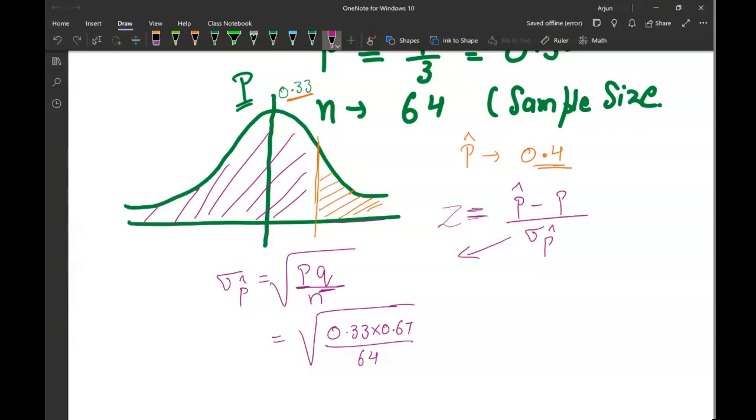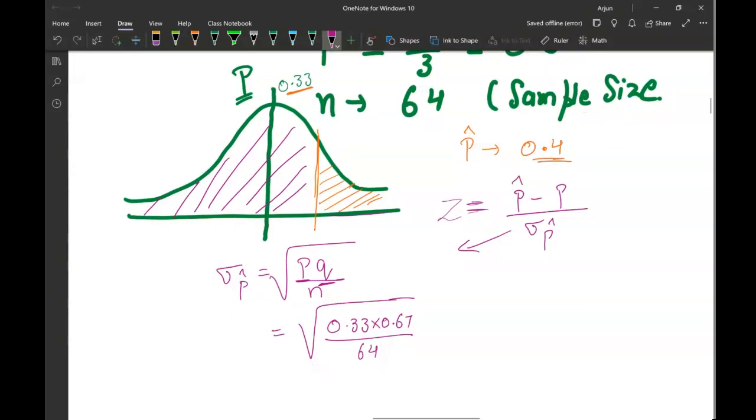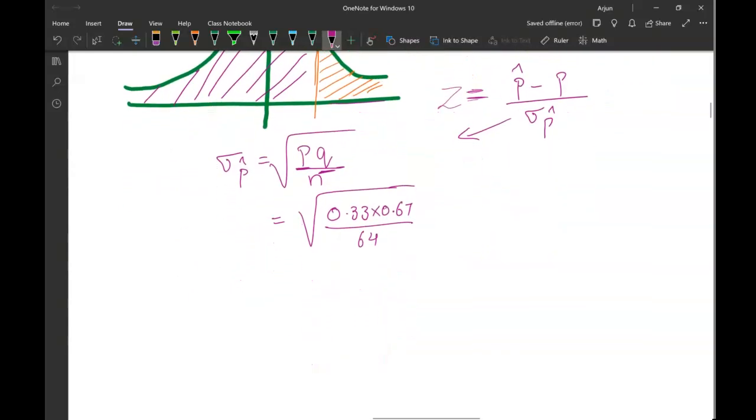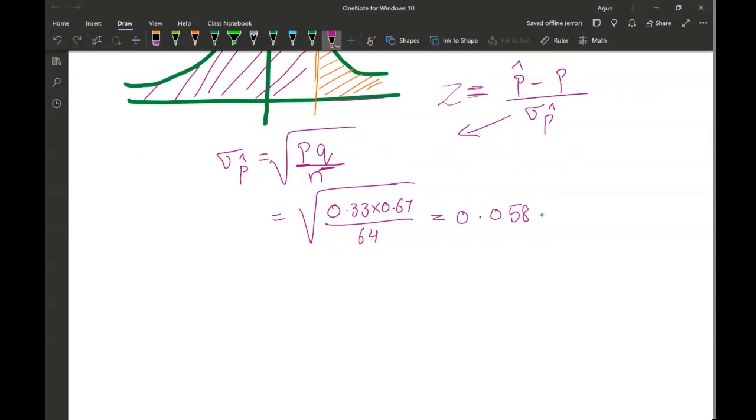This value will be 0.33 multiplied by 0.67 and then divided by 64, and then I take the square root of this value, second function, square root, second function answer, which is equal to 0.0588. This is the value I got.